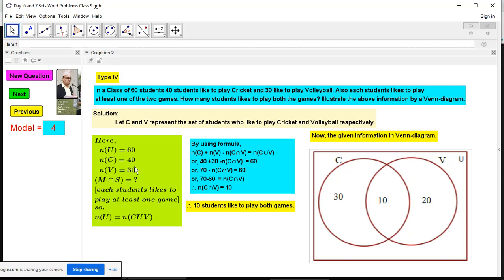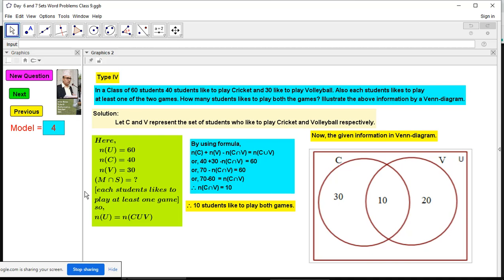So number of only C is 30 because we subtract the intersection part, or 30 plus 10 becomes 40. After obtaining the intersection part, 10, you can write it in the middle, and the remaining from set C, that is 30, you can write on this side, and 30 minus 10 equals 20 you can write here. Complement part is not here, nothing here. That's why this is the appropriate Venn diagram of the given sets.